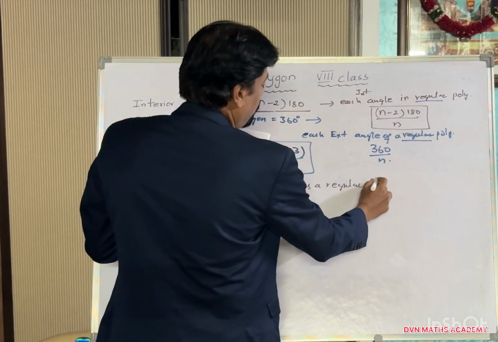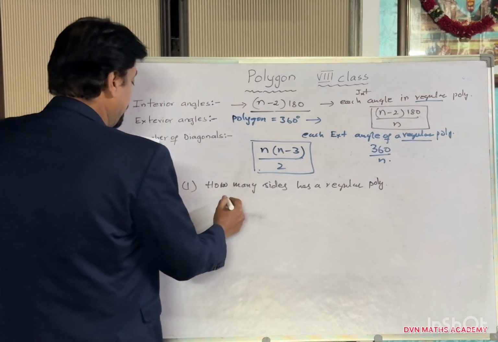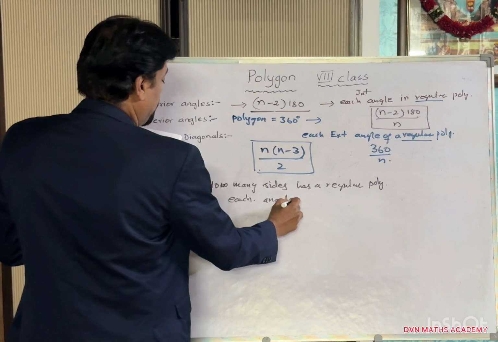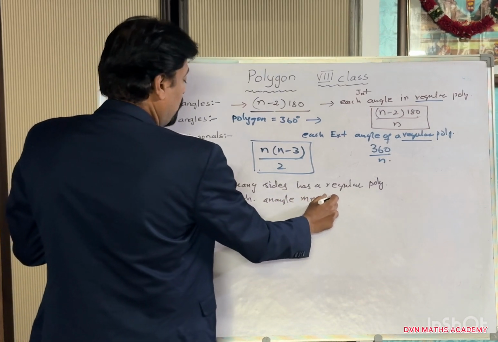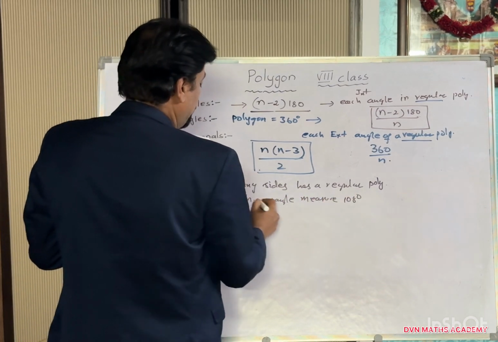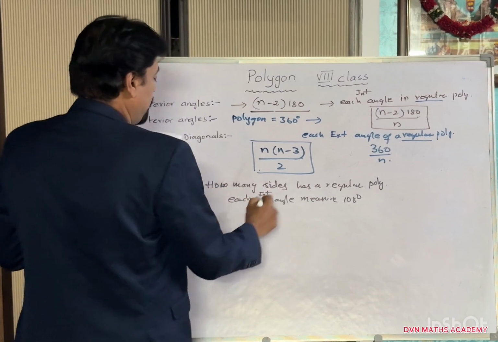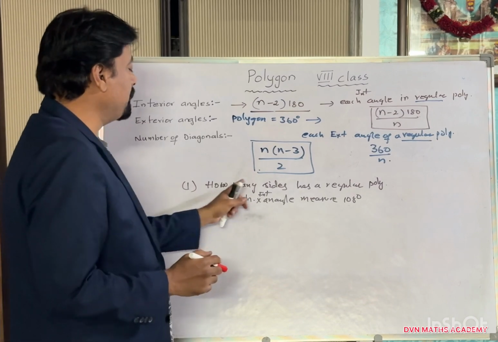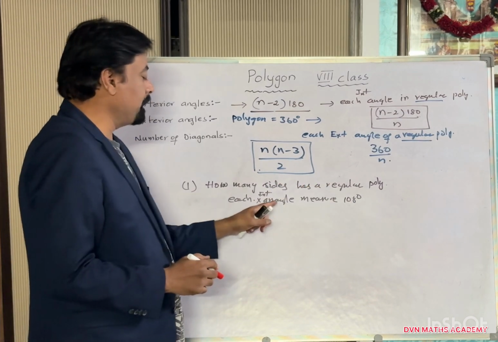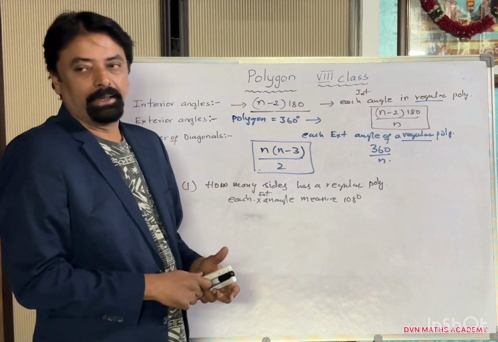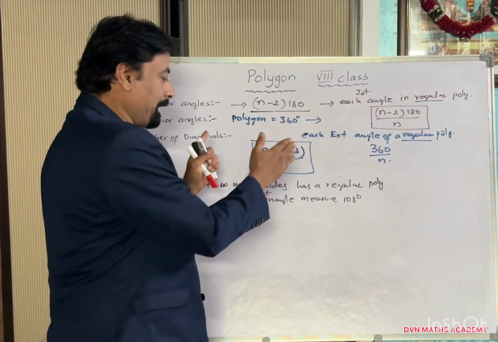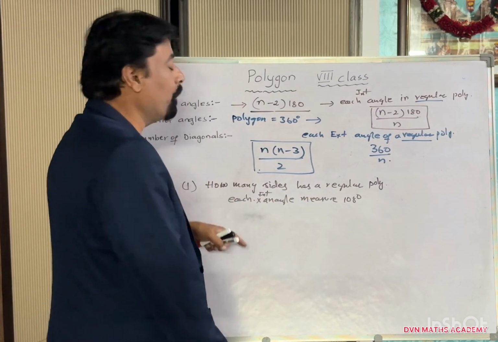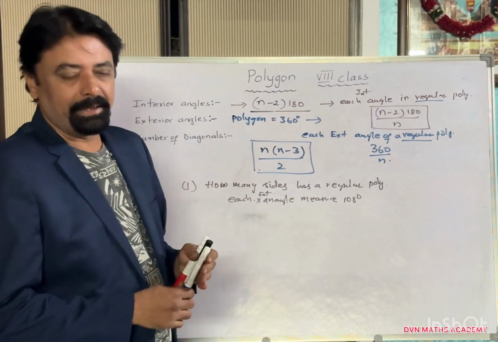Here each interior angle is given as 108 degrees. This is very interesting. How many sides does a regular polygon have if each interior angle measures 108 degrees? So one polygon is there, a regular polygon, and each interior angle is 108 degrees. He is asking how many sides.